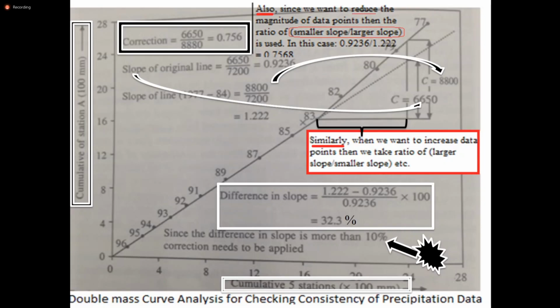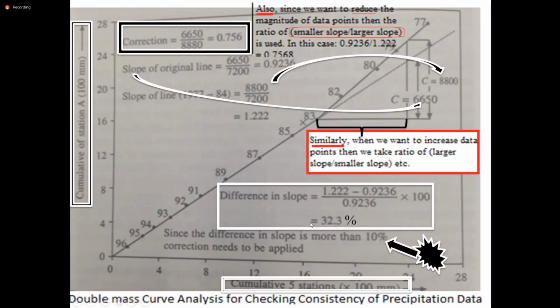Okay. Now, all right. So the point I also want to make, please take note here. If the difference in slope is not more than 10%, if the correction required is less than 10, we actually do not bother to correct it. Suppose you have to correct like 100 stations, it's a lot of work for getting a little reduction in error.